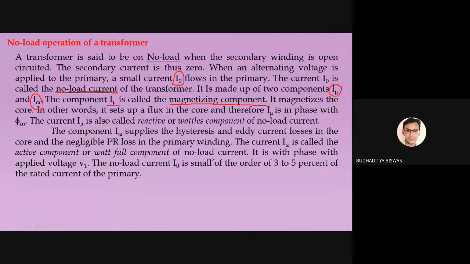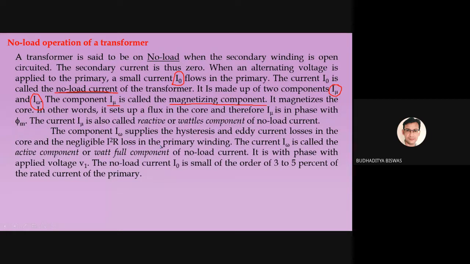Now it is visible, yes. This component I mu is called the magnetizing component. It magnetizes the core, in other words it sets up the flux in the core, and therefore I mu is in phase with the flux.